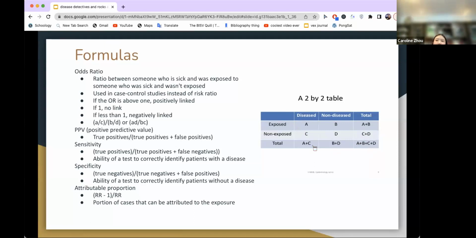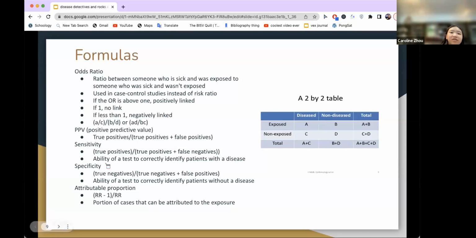On the previous slide, I mentioned that risk ratio was used in cohort studies, but odds ratio is used in case control studies. If you calculate the odds ratio and it's above 1, then there's a positive link, which once again suggests that the exposure causes the condition. If it is 1, then there is no correlation, and if it's less than 1, negatively linked.